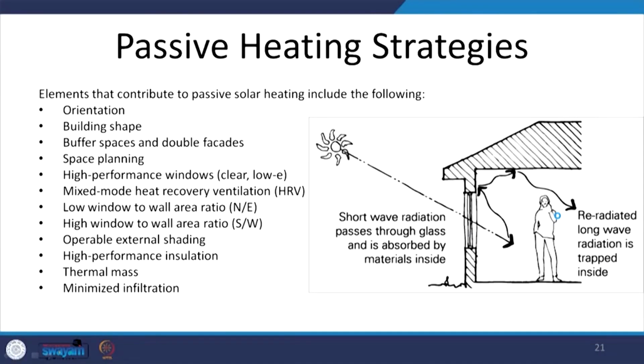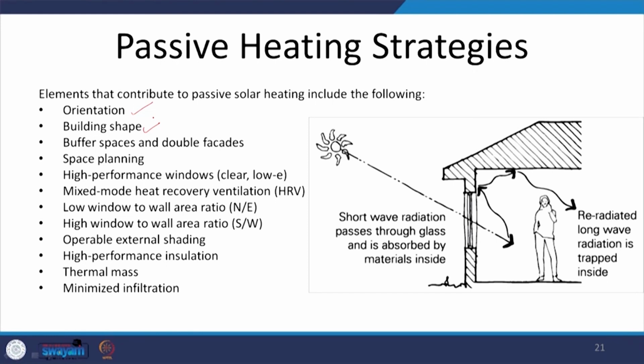If we are looking at the passive heating strategies, we would look at orienting the building in such a manner so as to increase the heat gain, and the building shape, the plan form, such that it has a lower perimeter to area ratio.